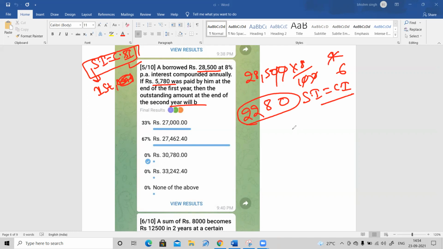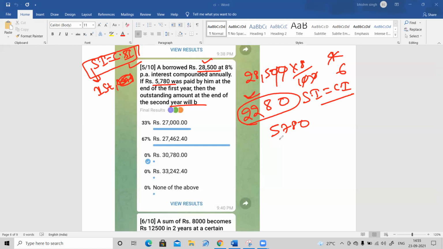And the total amount, how much you have taken as a loan? You have taken 28,500. So how much did he pay? He paid 5780. So see everyone, the interest is only 2280. So in the first year he paid more than the simple interest. So how much did he pay more than the interest?